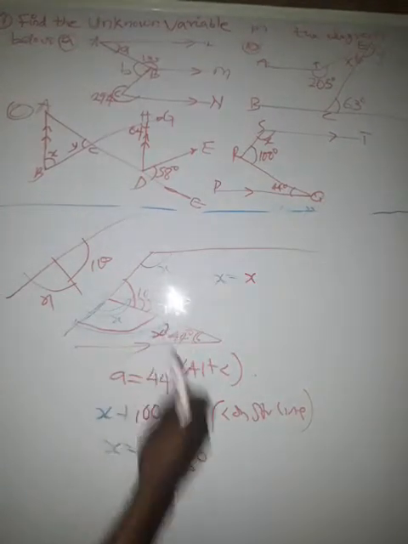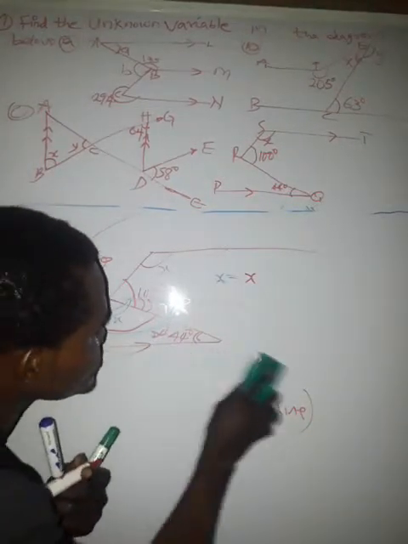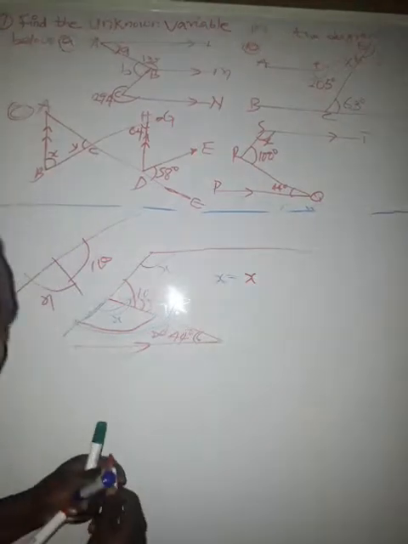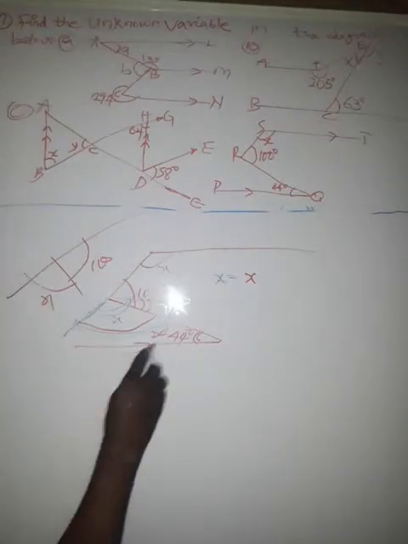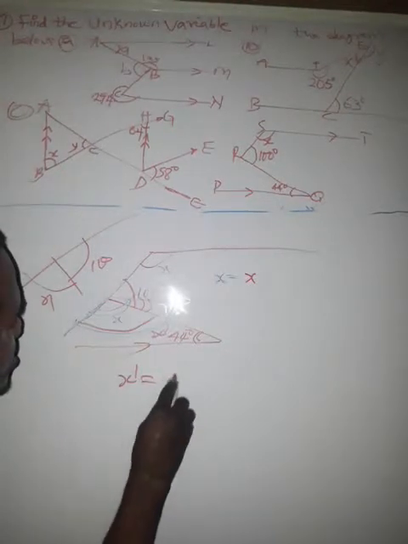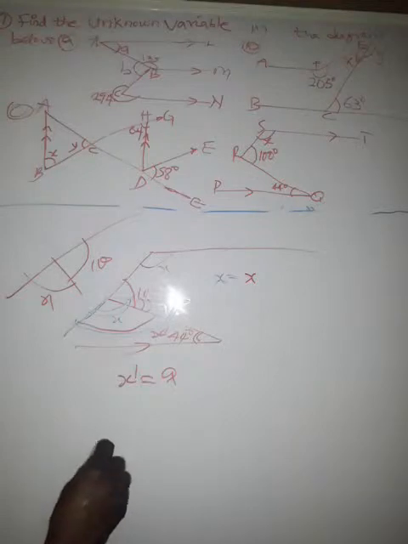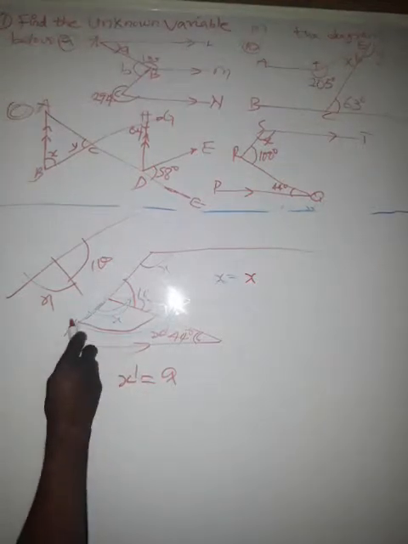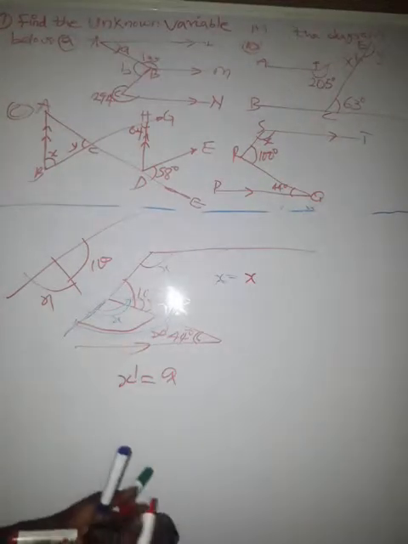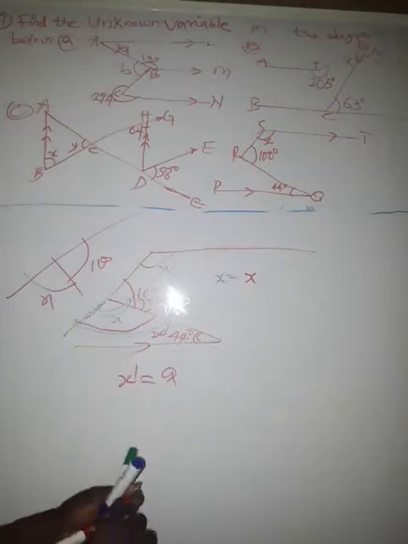So the summation of x, x prime, is the summation of the value I got from here to here, which is 80, plus A. Let me represent it as s prime.